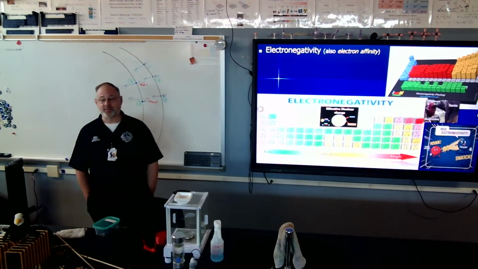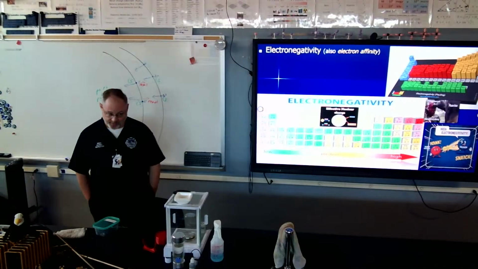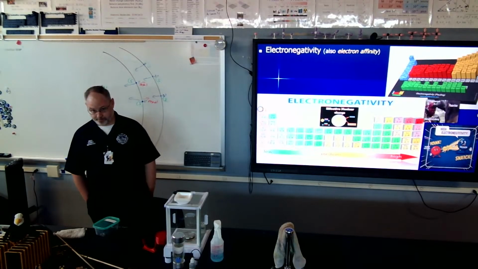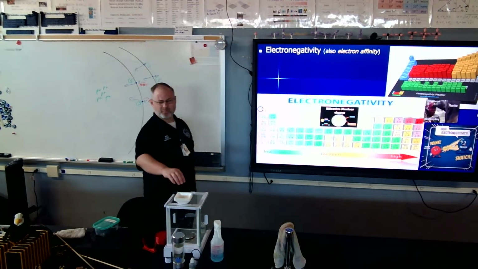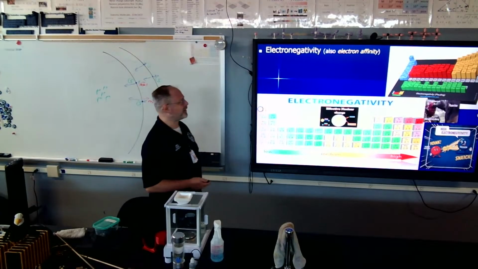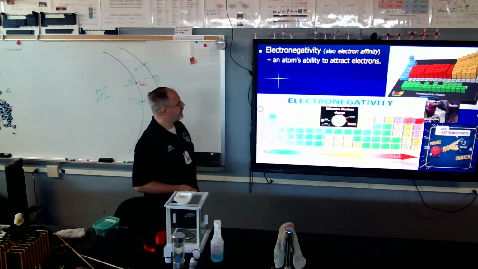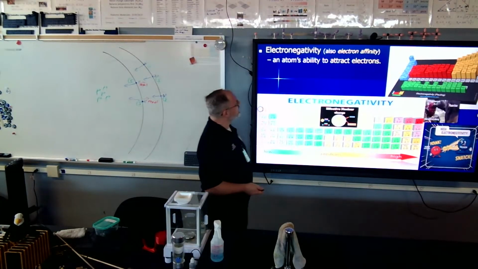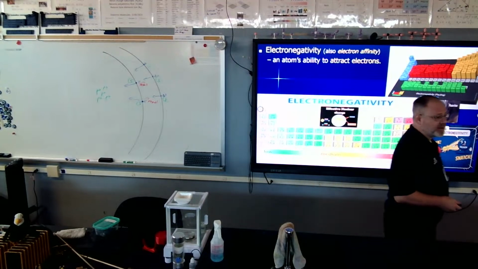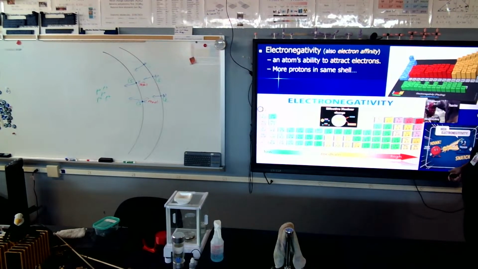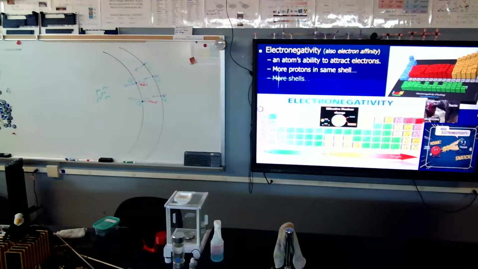Electronegativity is the ability to remove them from a nearby atom. So they basically follow the exact same pattern. They're just different things. Atoms' ability to attract electrons is electron affinity. Atoms' ability to absolutely remove them is electronegativity.